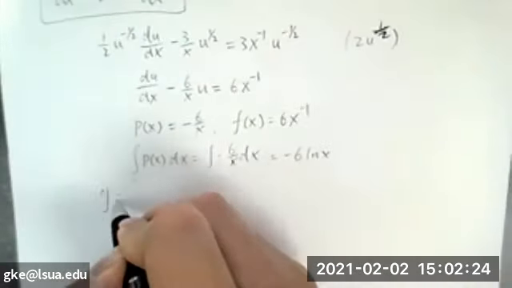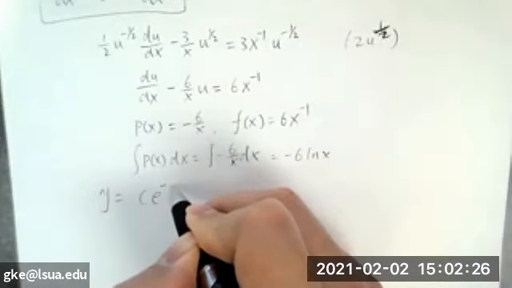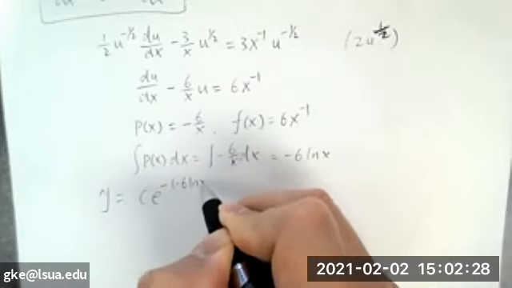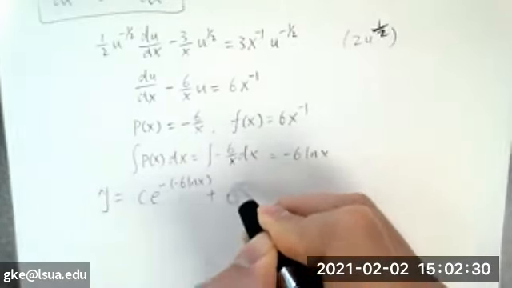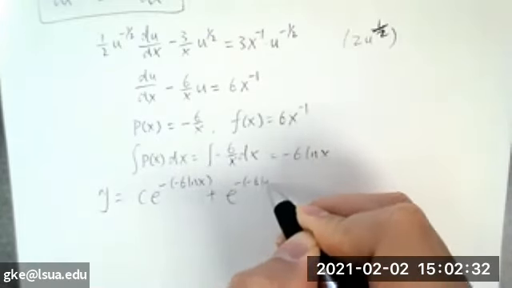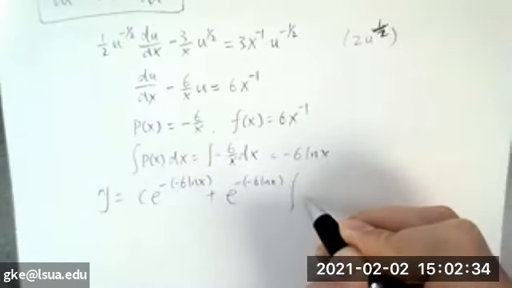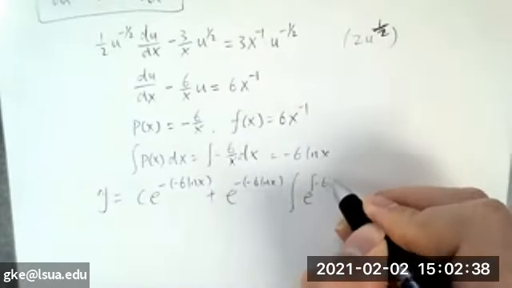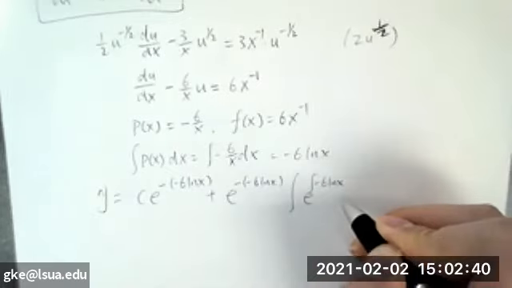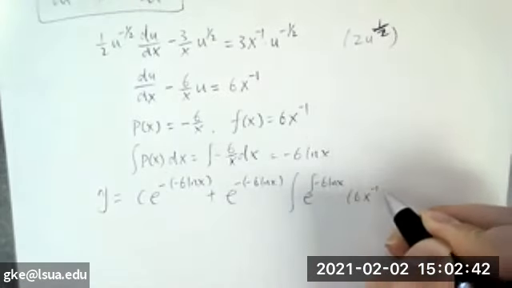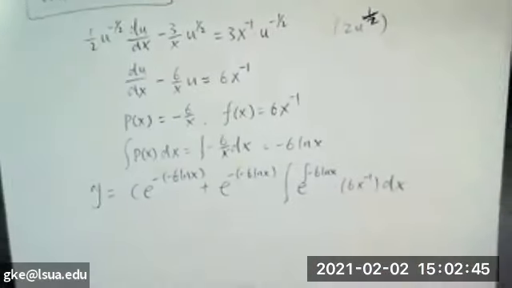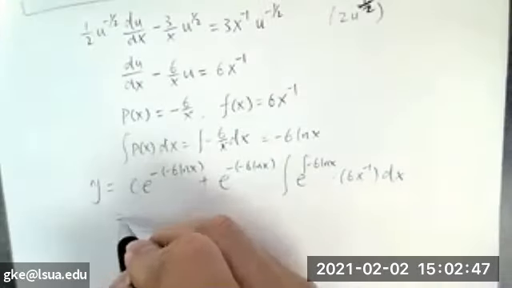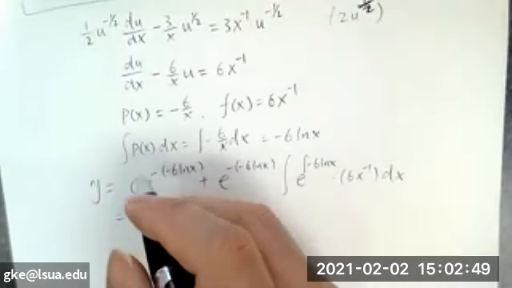And then c e to the power negative x to the power 6.